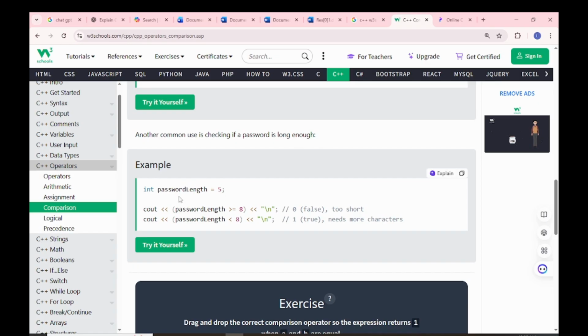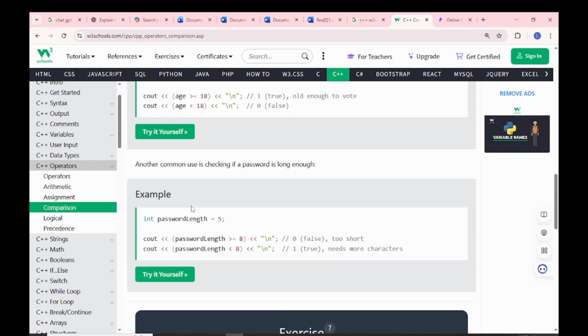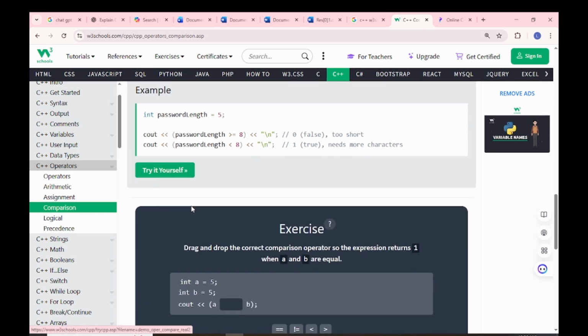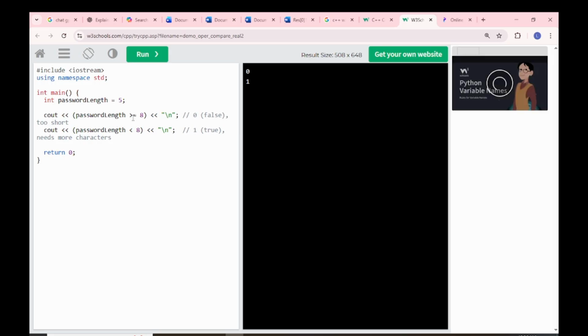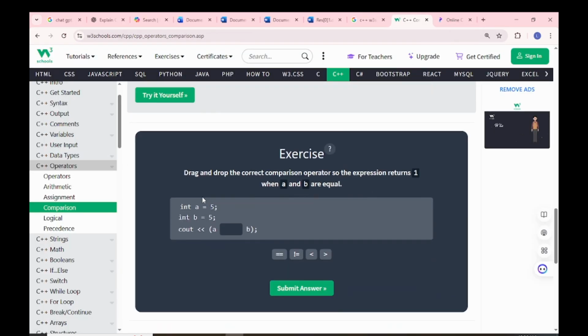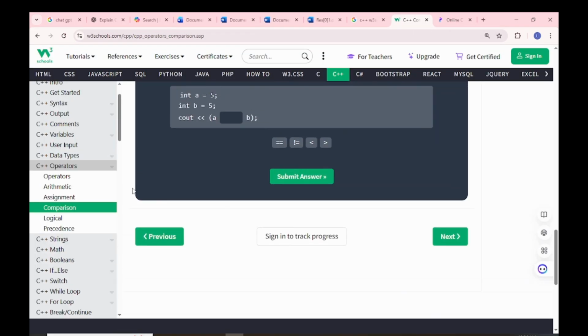So integer password length 5, cout password length greater than or equal to 8, false, right? And this should be true. Yes, I hope you got it right, guys.